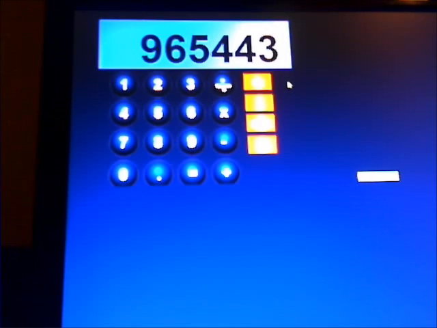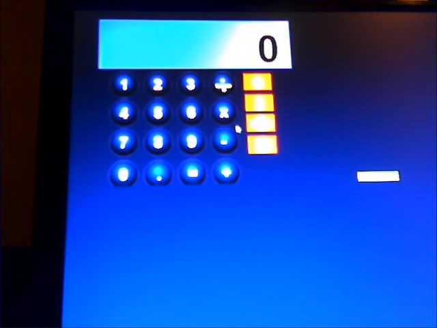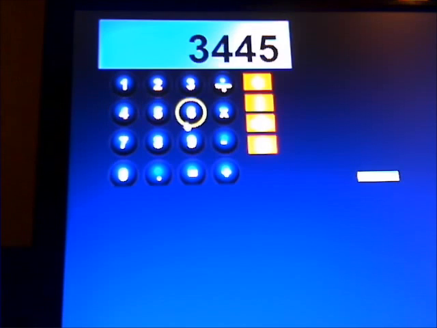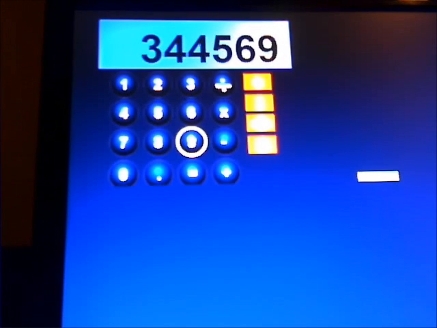So, if we're putting these in ascending order, this is how it goes. These are the numbers in this series of data. 3, 4, 4, 5, 6, 9.